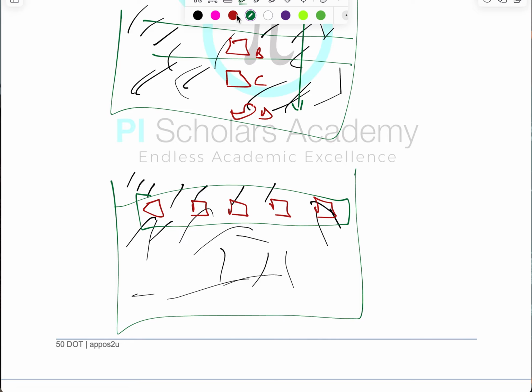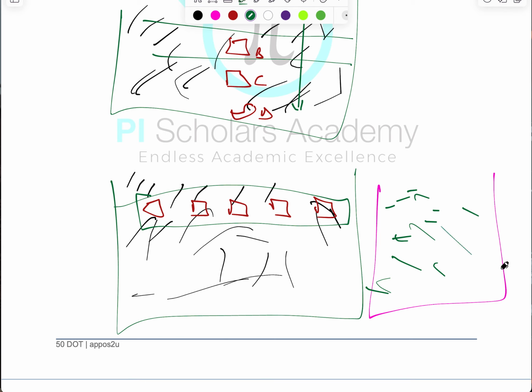In fact, let me show you something here. Let's say I have another container, and it contains this same exact liquid. Can you see that? It's not different, it's the same liquid L1. But you notice that this container is larger than this one.